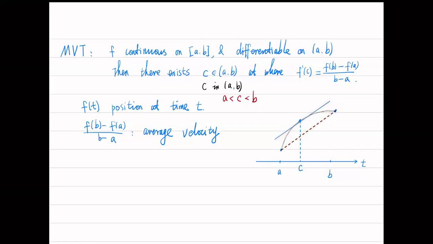So the theorem doesn't tell you where it is. The theorem tells you there must be some point, because from too large to too small, at some moment it is about right. That's the mean value theorem.